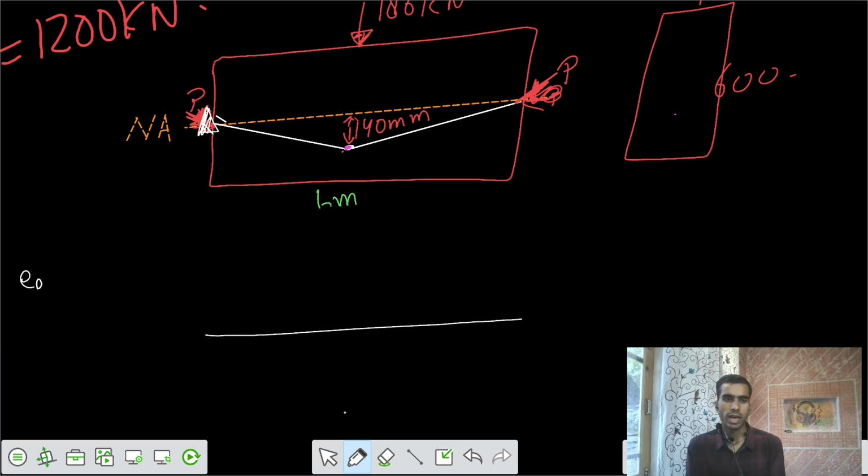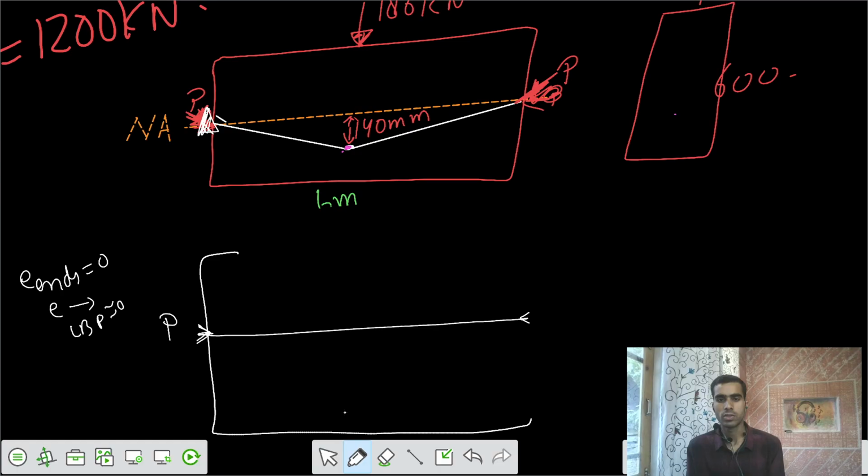Your eccentricity at the end is equal to 0. So that means your eccentricity in the load balancing profile is also 0. So that means the cable is a straight line along the neutral axis. This is your neutral axis, and the cable is along the neutral axis.